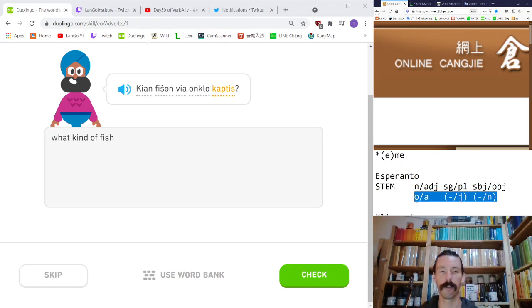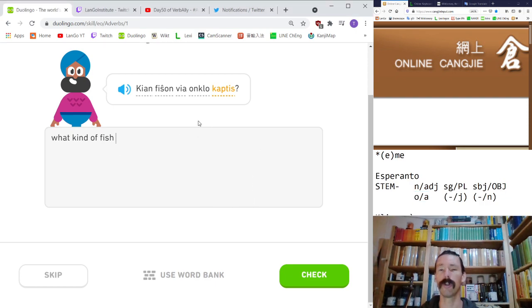O or a in the first position after the stem. Nothing or a j in the second. Nothing or an n in the third. And the J for plural. Put that in caps. That's what the thing there marks. This n marks object.